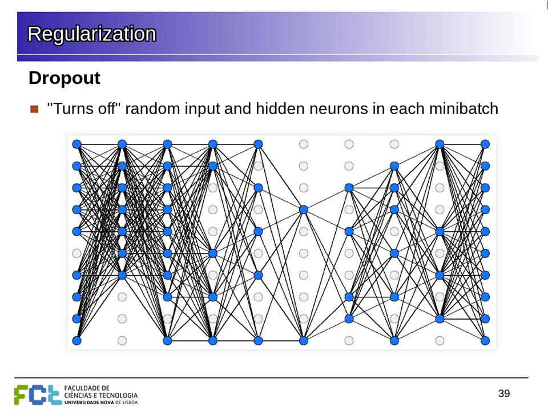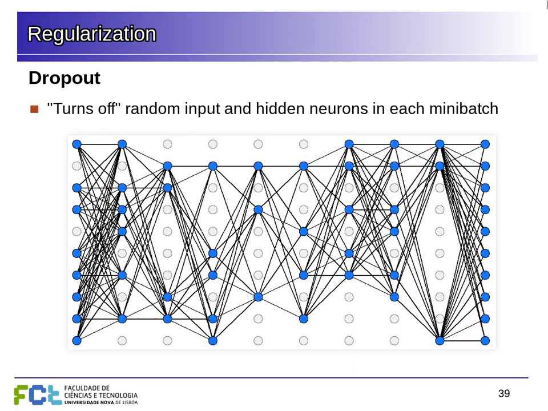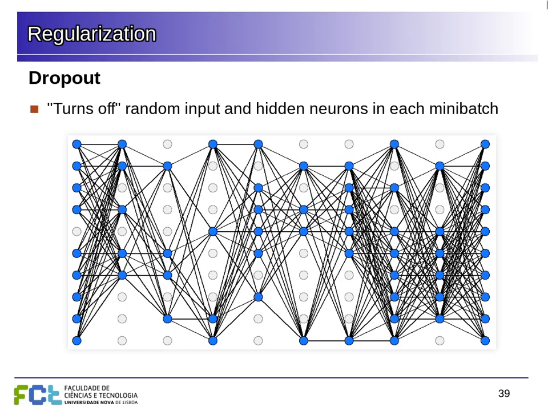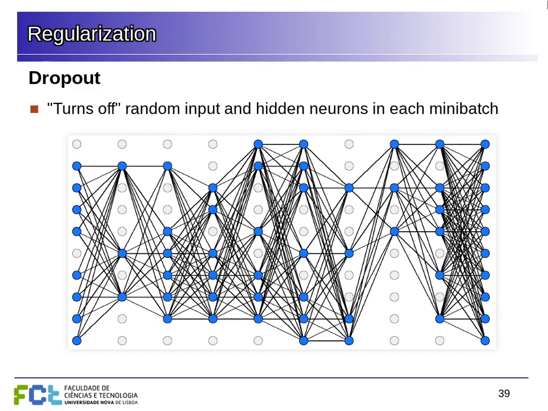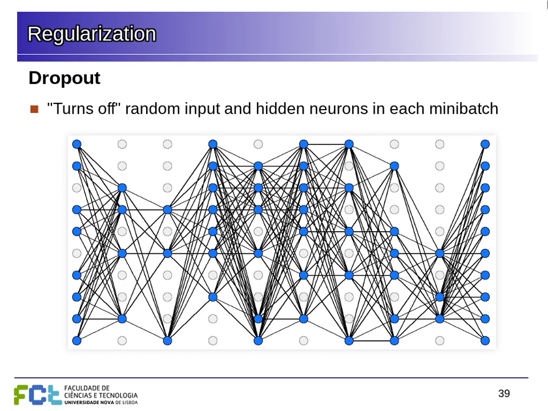And this effectively is training a family of neural networks implicitly using only one neural network, because things keep changing from batch to batch, and this forces the network to learn in a way that is not sensitive to whether or not some neurons are active.